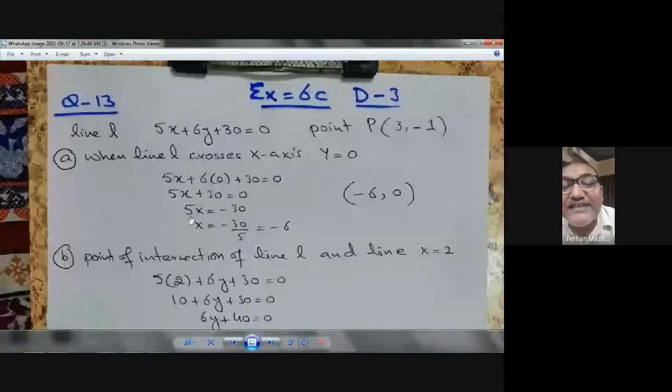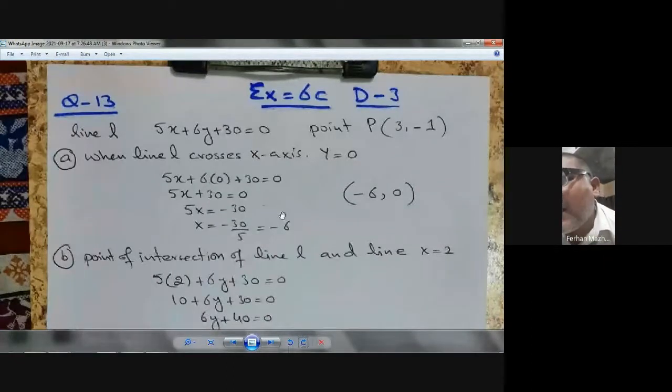When it goes on the other side, it will divide there. So you will have x equals minus 30 by 5. When you cancel them, you will have minus 6. So the value of x is minus 6, and we already know the value of y is 0. When the line L crosses the x-axis, that is called the x-intercept. So the coordinates of that point will be (-6, 0).